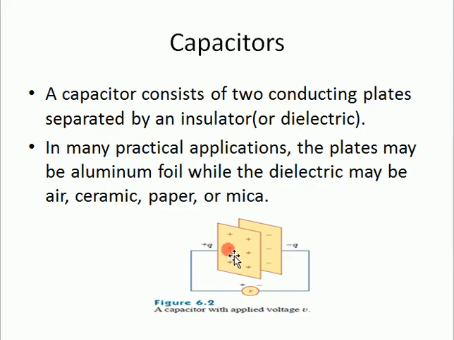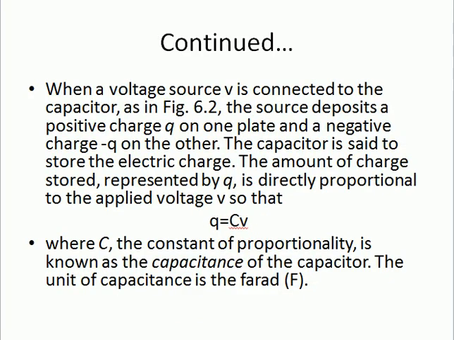So this plate has the positive charge plus Q, and this plate has the negative charge minus Q. When a voltage source V is connected to the capacitor as shown in the figure, the source deposits a positive charge Q on one plate and a negative charge minus Q on the other plate.